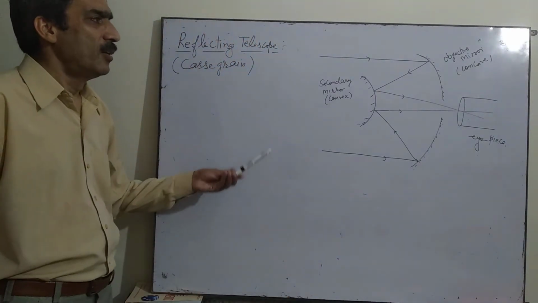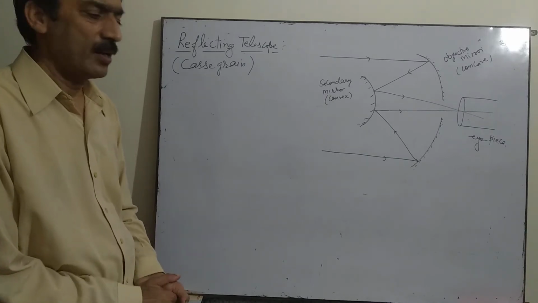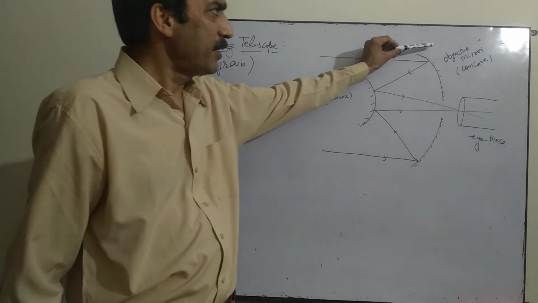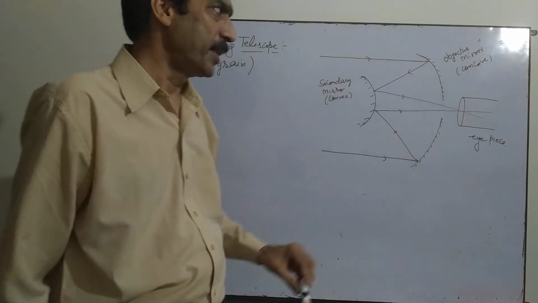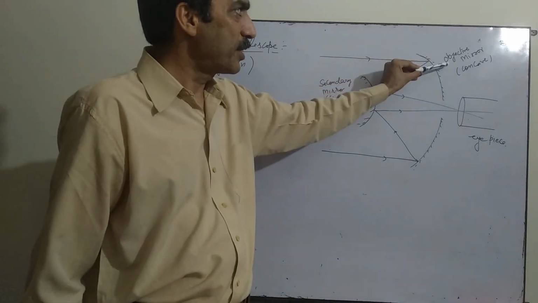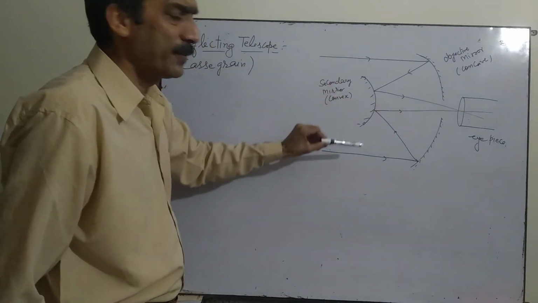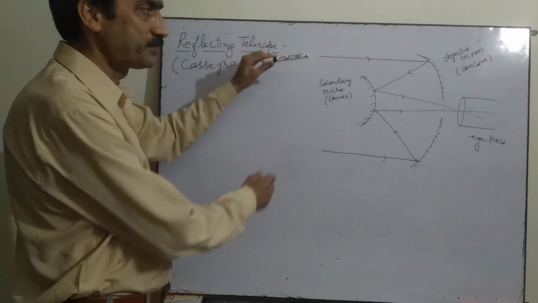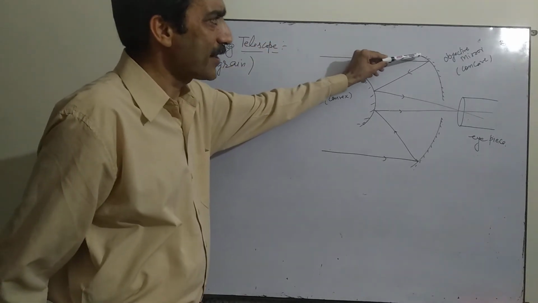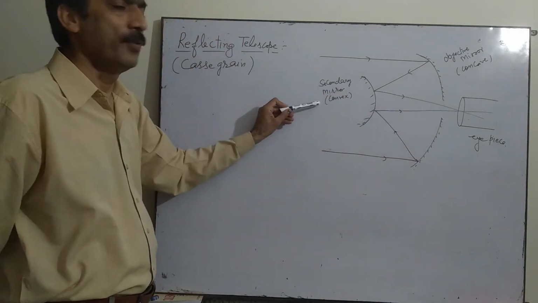Now when the light from the distant object falls on the primary mirror, the objective mirror or concave mirror, these rays of light coming from the distant object, parallel to each other, after reflection from the mirror, try to meet at its focus.